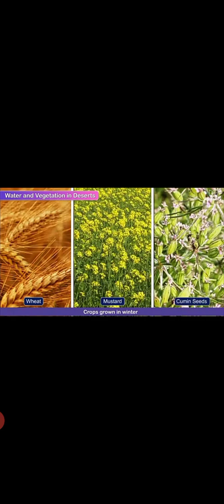And people of this region are now growing different crops because of this canal, which provides water to this part of the country.